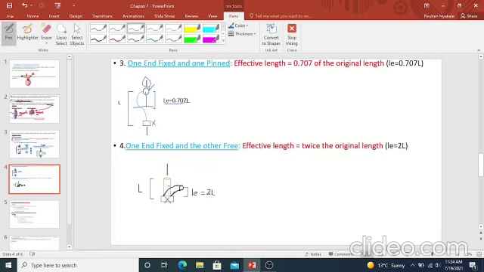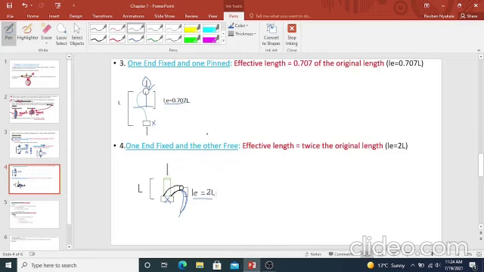That means this thing can bend, hence they are saying it is twice. It can be affected from there to the other side. Now this is the formula that you'll be using: LE equals 2 multiplied by the original length.